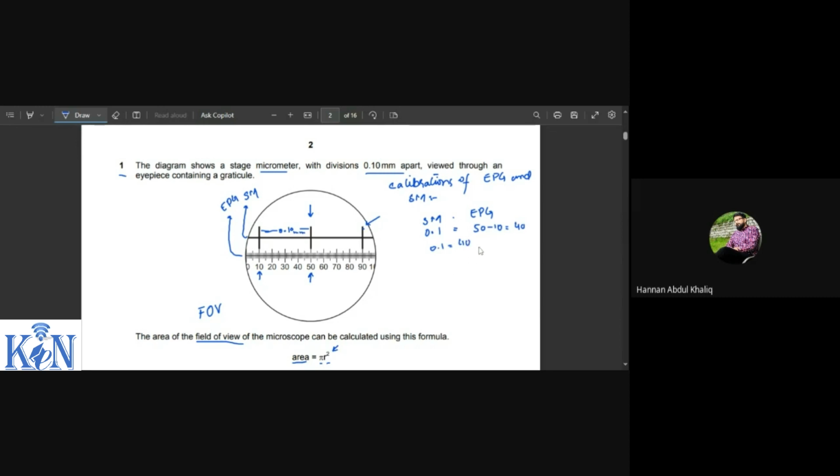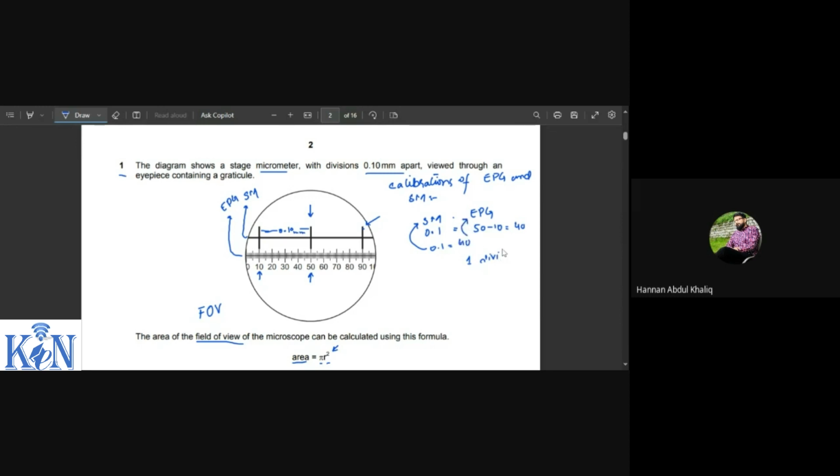Now we need to know one division. 0.1 of the stage micrometer equals 40 divisions on the eyepiece graticule.